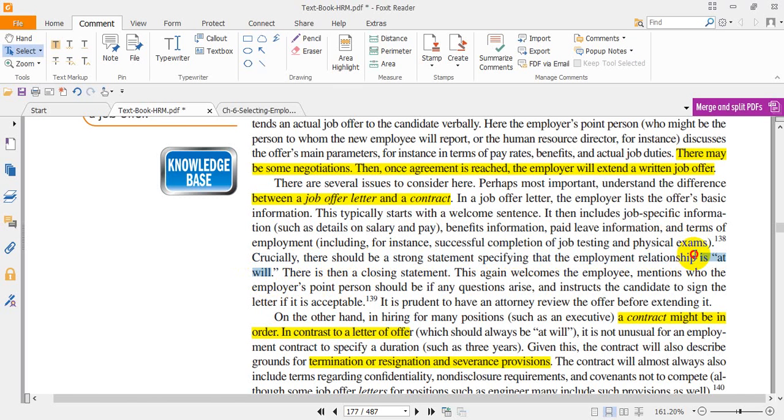There is then a closing statement. This again welcomes the employee, mentions who the employer's point person should be if any questions arise, and instructs the candidate to sign the letter if it is acceptable. This is the information included in the job offer.